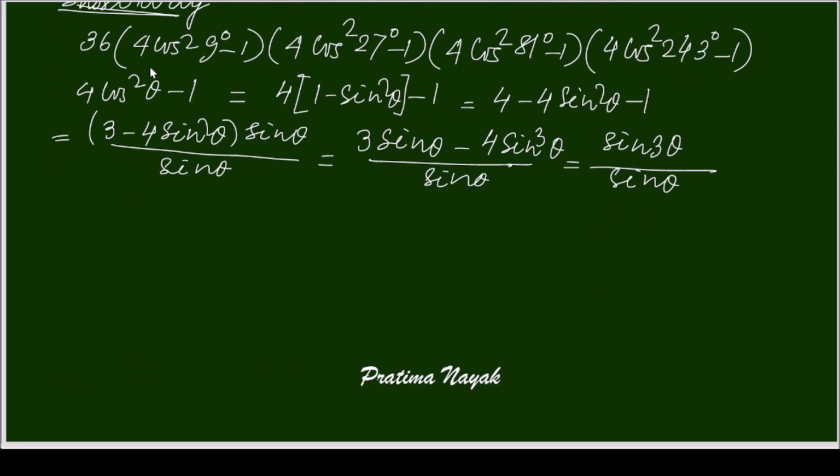Now apply all this. So 36 into, the first one, theta is 9, it will be sine 27 degree by sine 9 degree.